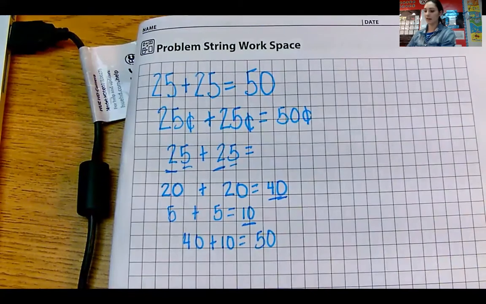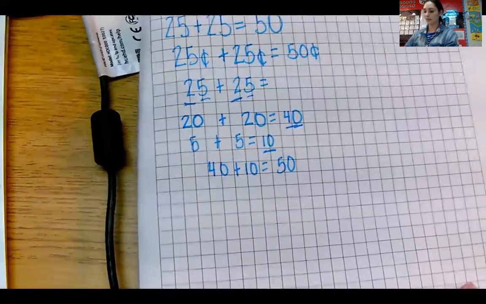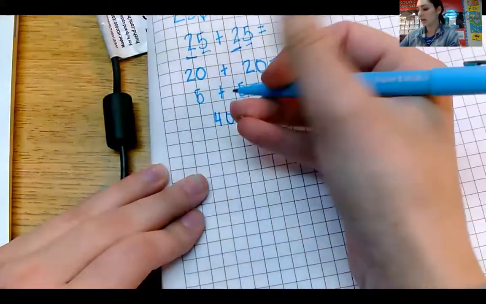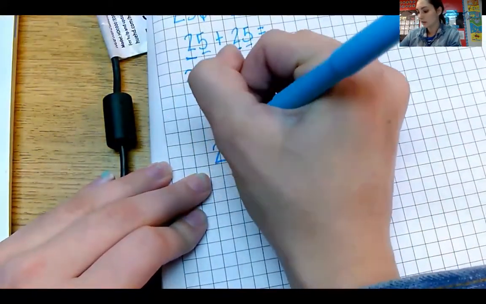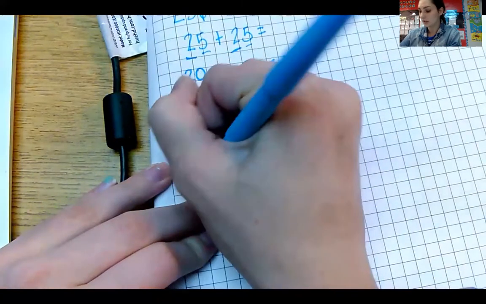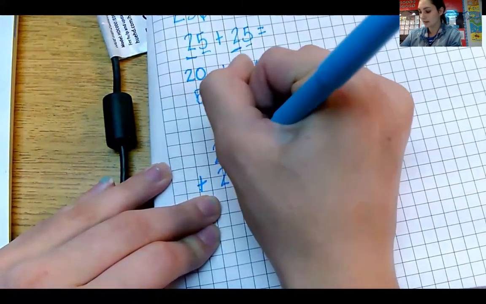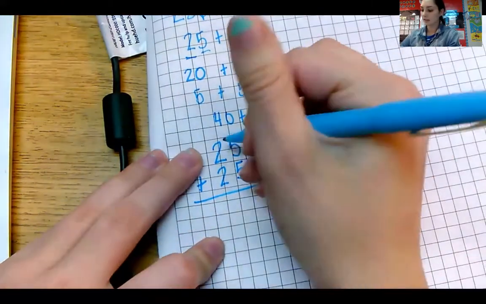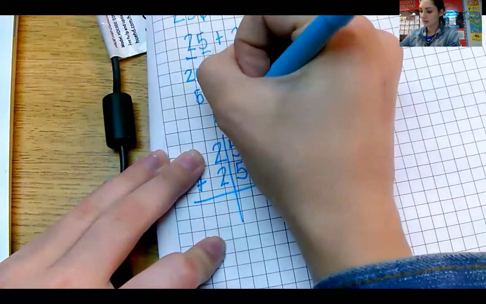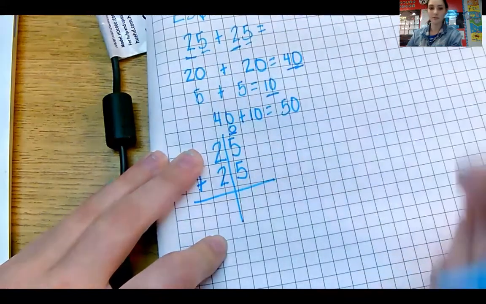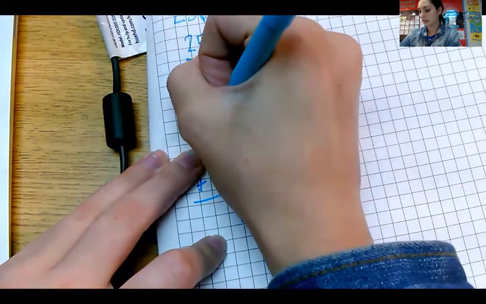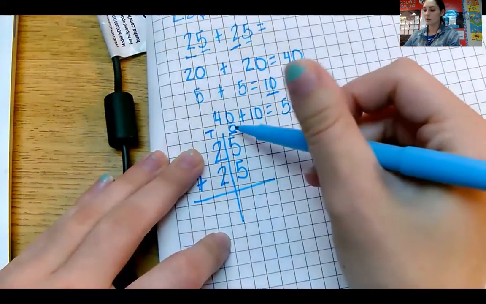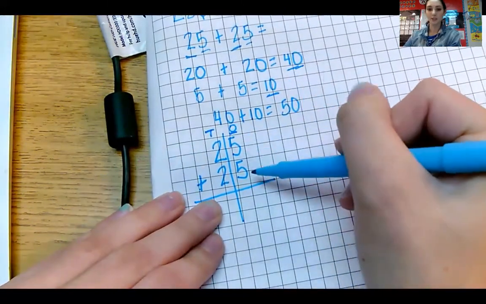Okay, another way that you can do is like stack it like a hamburger, which is my favorite way. I go like this, 25 plus 25, and I stack it like a hamburger like that. Okay, then I look at, so this is my 1 spot right here with the 5. Then this is my 10 spot with the 2. So I'm going to add my 1 spot first. 5 plus 5 is 10.